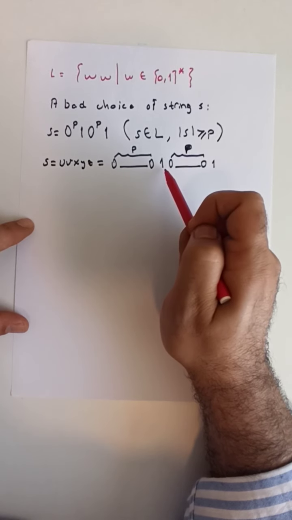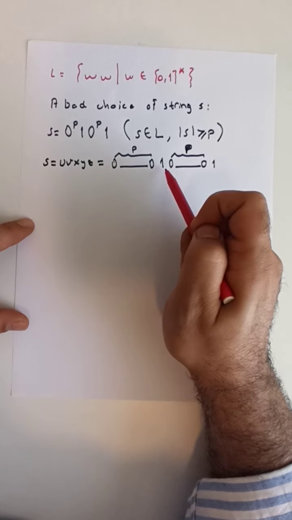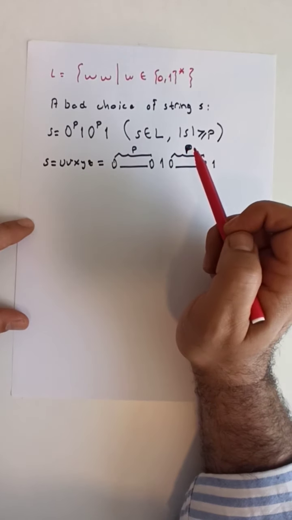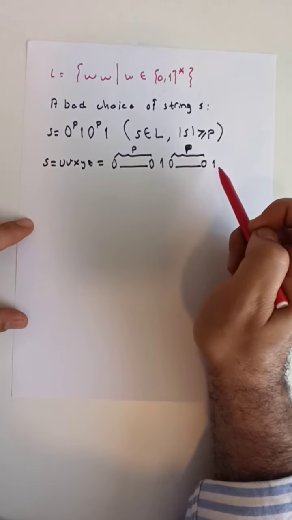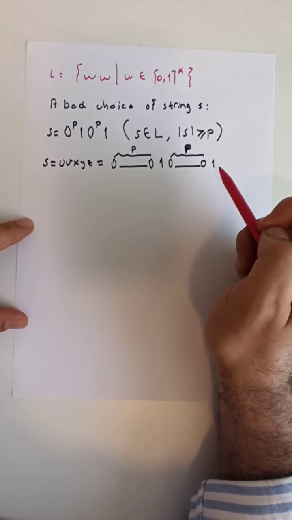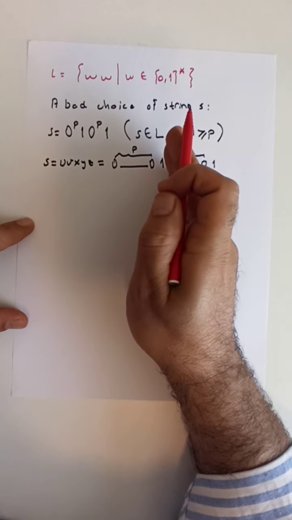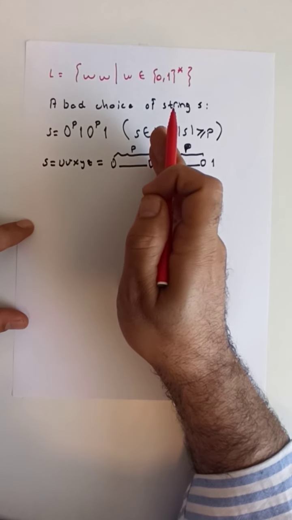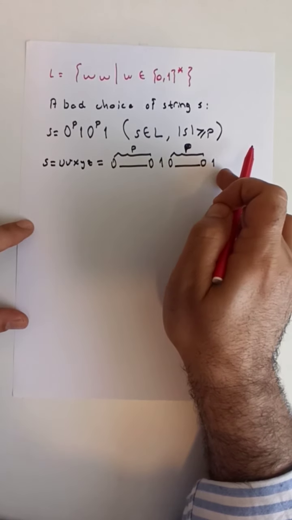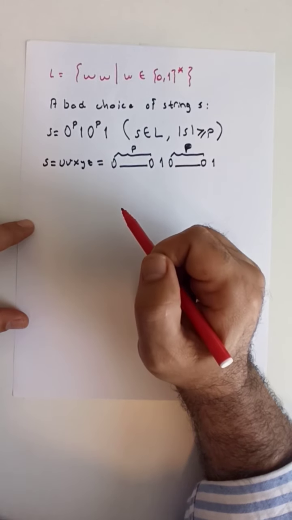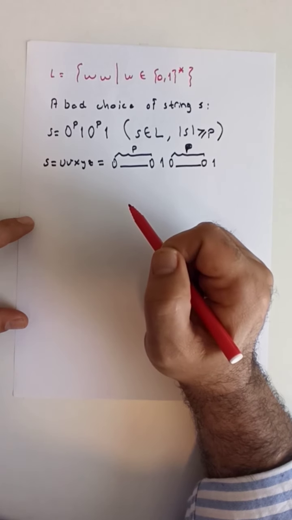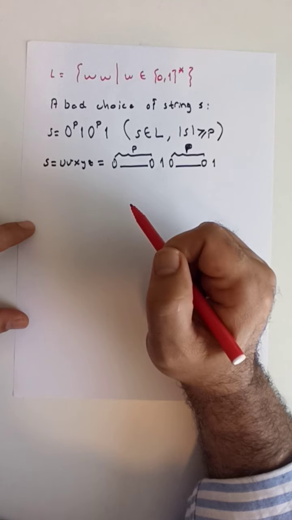Then pumping v and y twice, so basically uv² xy² z, the length of the string will now be more than 2p plus 2, so the new middle will slide to the left a little bit, and the right half of the string will not be the same as the left half of the string. Therefore the new string is not in the language.